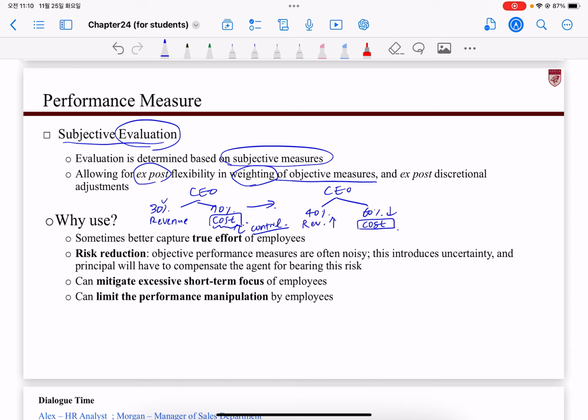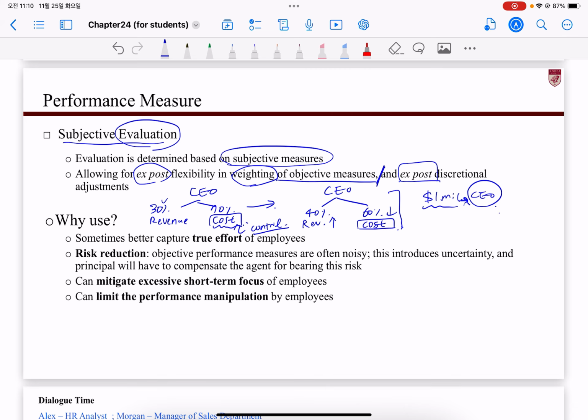Right? Or another thing is you can just be more subjective and, let's say, ex post, based on all these weightings, you provide 1 million to the CEO, but let's say, no, holistically, broadly speaking, the CEO has done better than what he has done for $1 million.